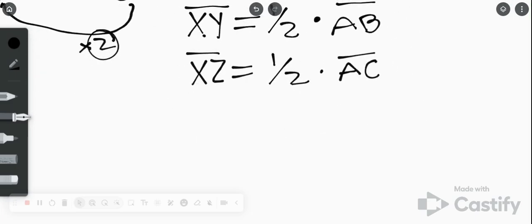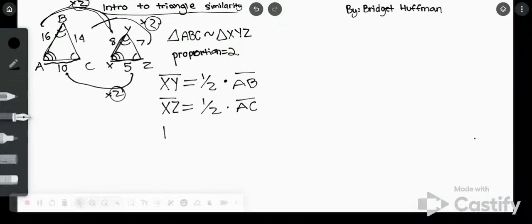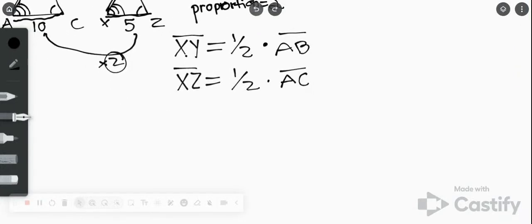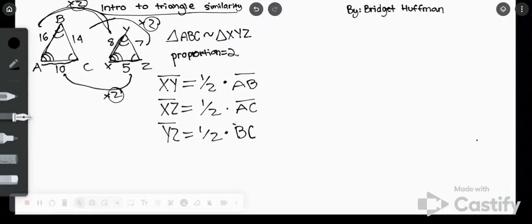And for our last side, we'll be writing segment YZ is equal to 1/2 times BC. We can check: 7 is half of 14.